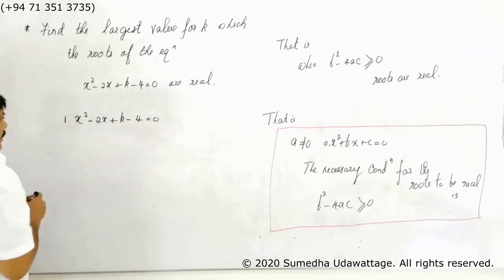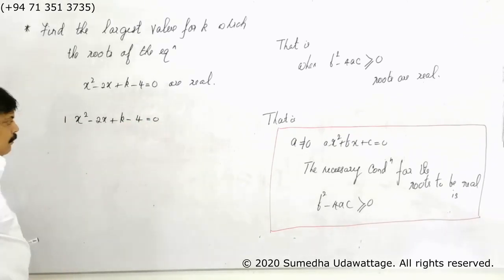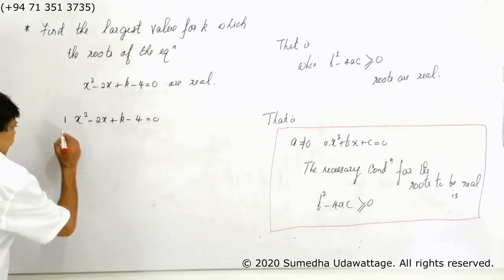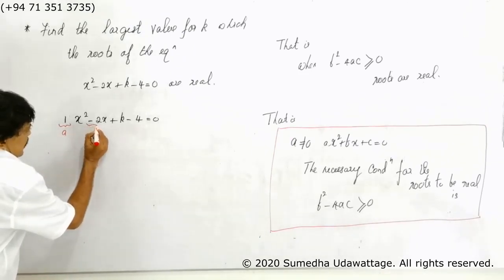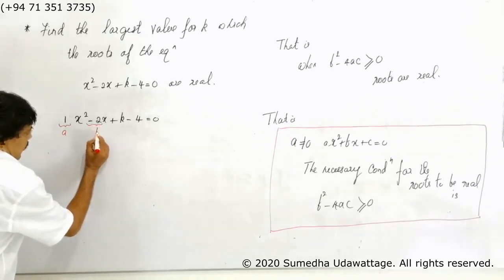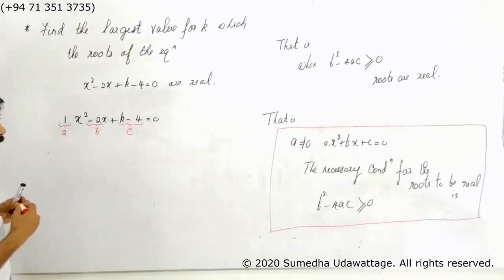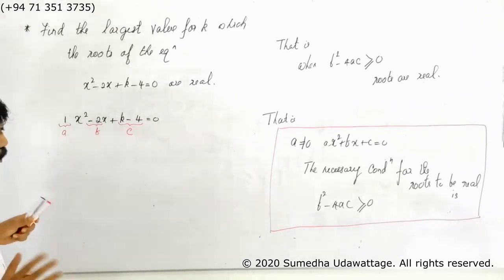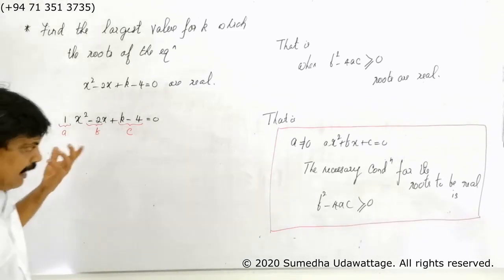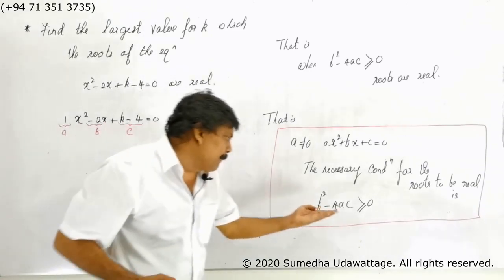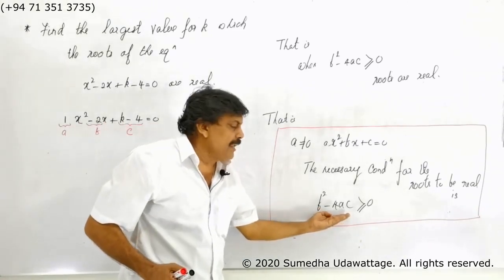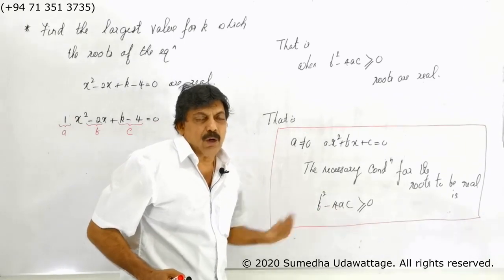You take a 1 here. This 1 acts as a, this minus 2 acts as b, and this k minus 4 acts as c. The necessary condition for the roots to be real is that b square minus 4ac has to be larger than or equal to 0.